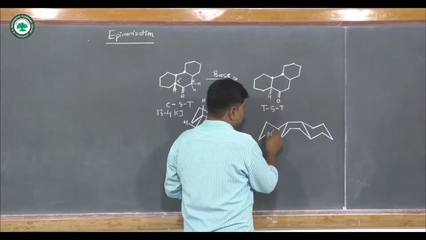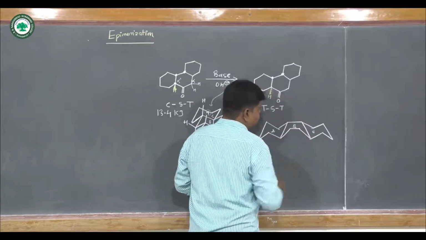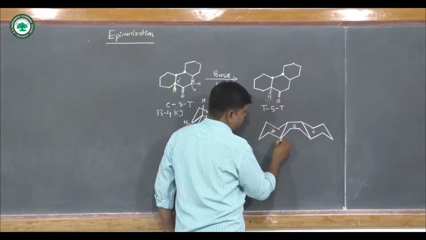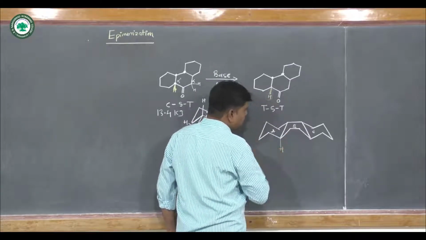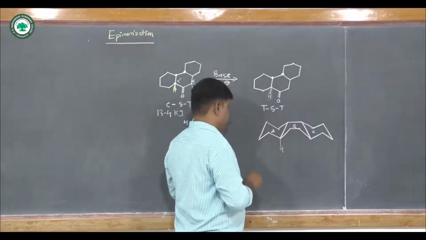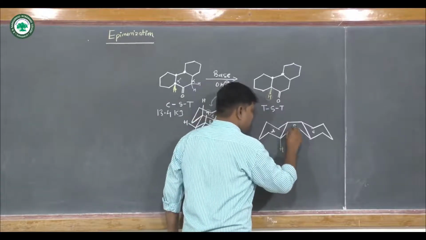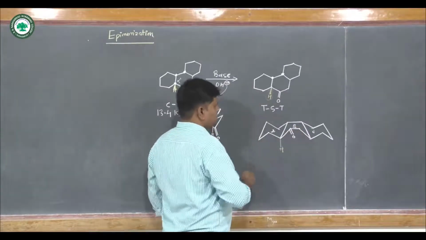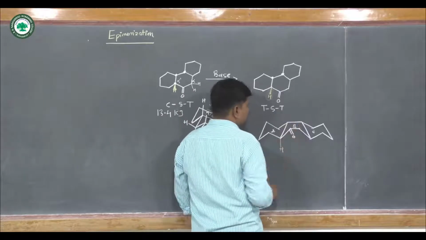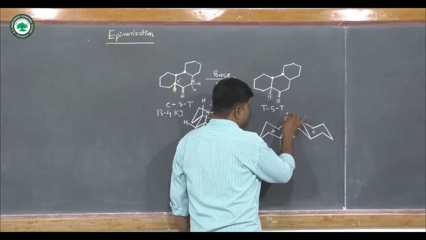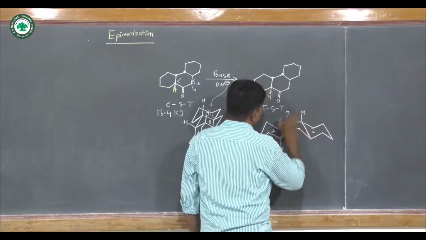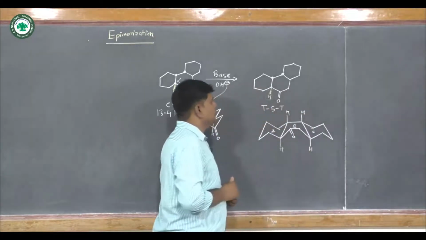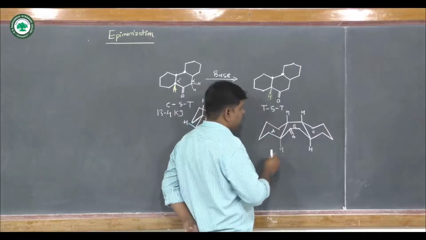Suppose this is ring A, this one is B, and this one is ring C. Our proton, which can change stereochemistry, we put here, and the carbonyl group adjacent to that carbon atom we put here. So you remember that one. The remaining protons here are beta protons, this one is also a beta proton, and this one is the alpha proton, okay.